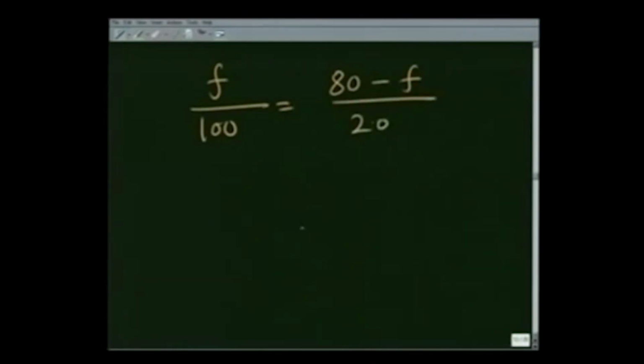And therefore, I should have F over 100 equals 80 minus F over 20.